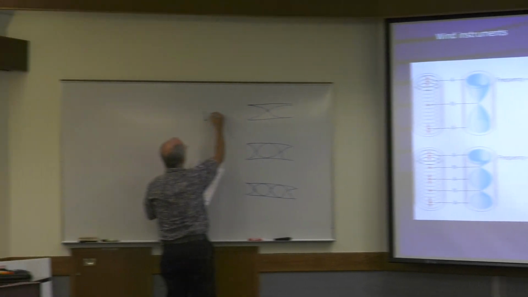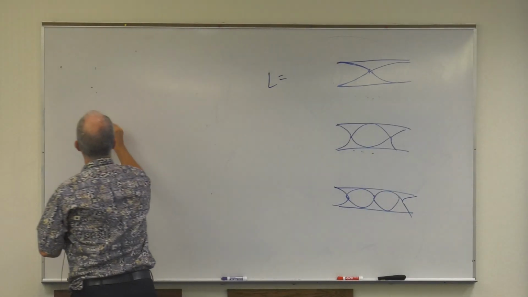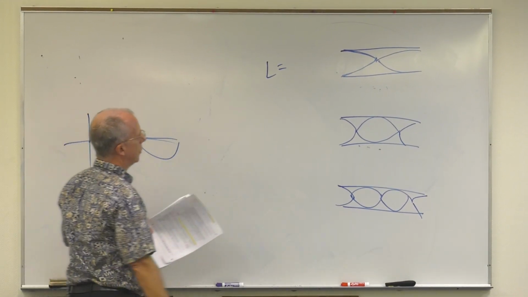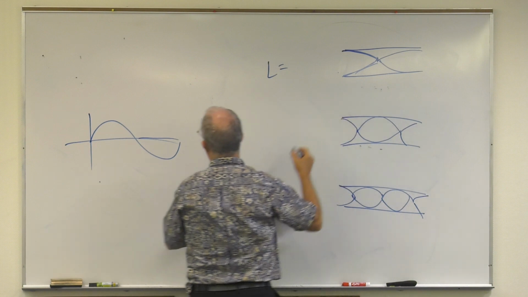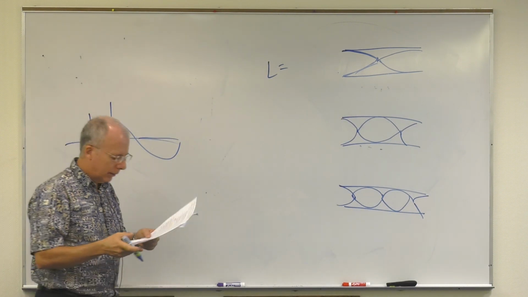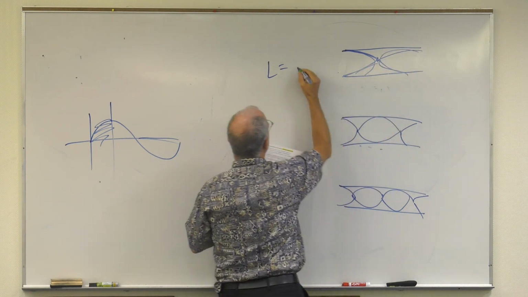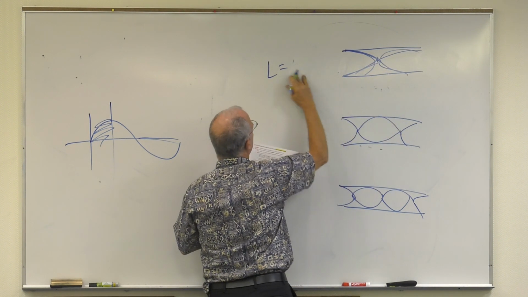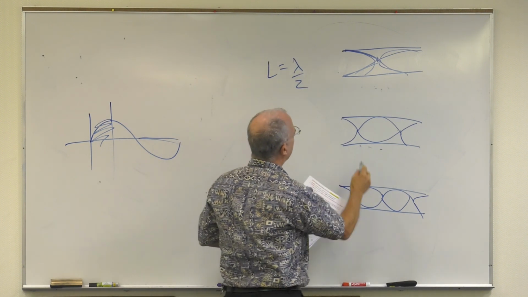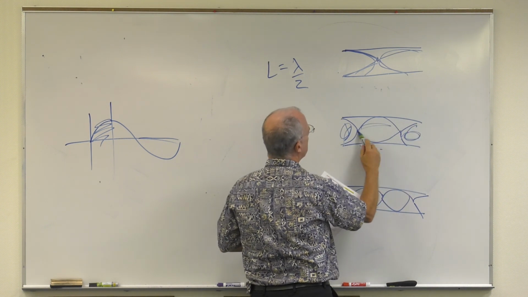Let's do it. So what's the length? How much of a wavelength is this? Remember now, here's a wavelength, right? So what's just this part? That's just lambda over 4. So this is lambda over 4, this is lambda over 4. So we just have 2 lambda over 4, so lambda over 2. Okay, let's do this one. This is lambda over 4, this is lambda over 4, this is half a lambda.